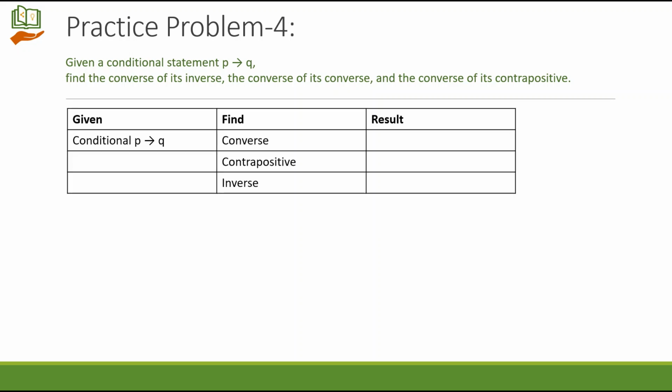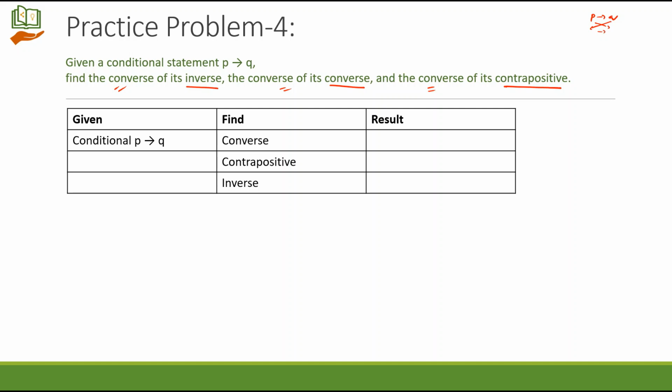Actually, we have to find the inverse, converse and contrapositive of P implies Q. Once you get the inverse, converse and contrapositive, for those values you have to find the converse. So what is the work of converse? Whatever is in the place of hypothesis will move to conclusion. Whatever is in the place of conclusion will move to the place of hypothesis under the implies operator.